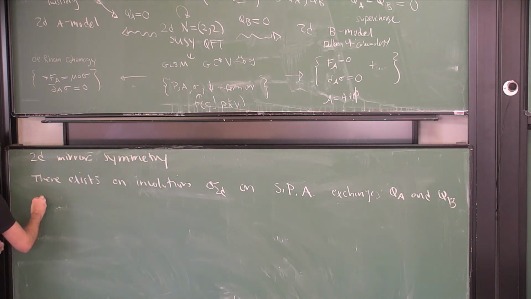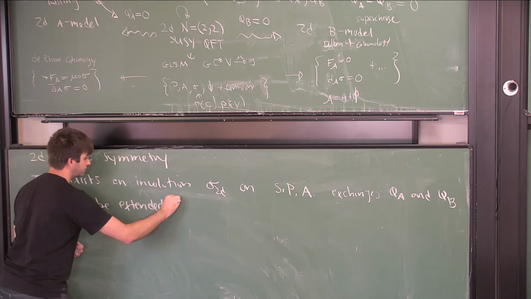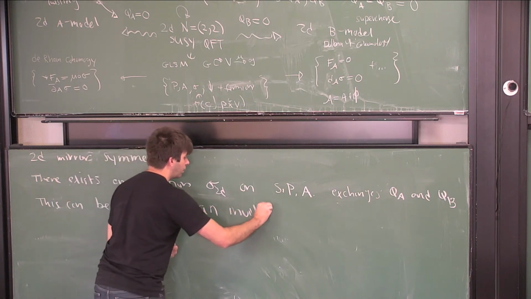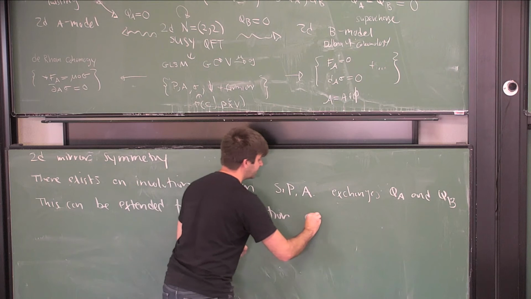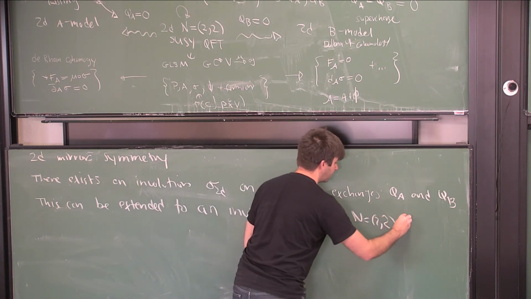Second, this can be extended to an involution on the space of 2D N=(2,2) theories.